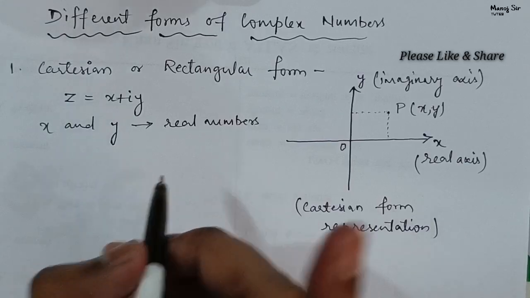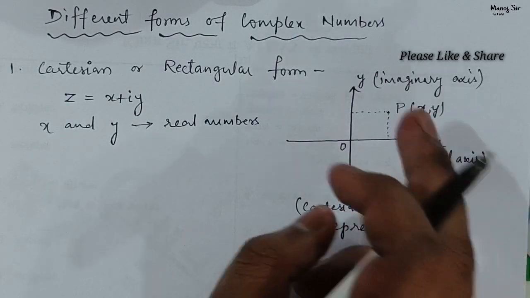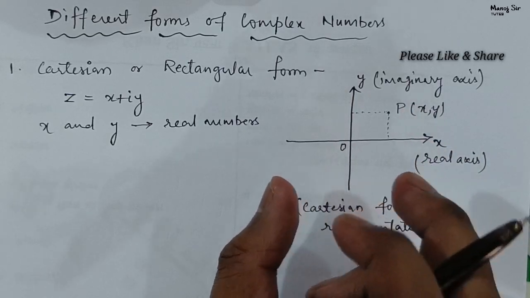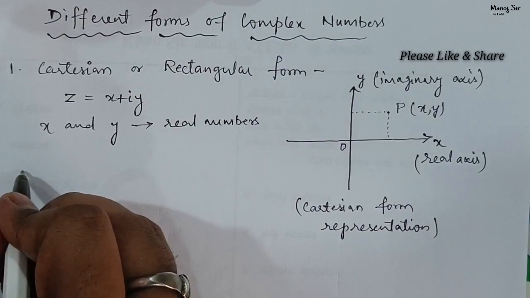Here we have a note point: the plane on which we have drawn this real axis and imaginary axis is known as the argand plane, or we can say complex plane.